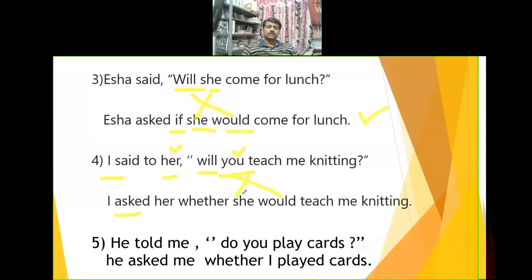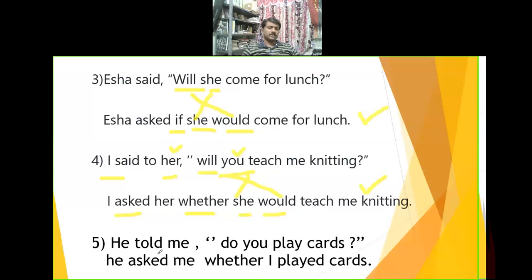So whether she would, yes, whether she would. So you have to add the joining clause whether here because it is a yes or no question, and will you have to change to would, and you means her, so she. Whether she would teach me knitting.